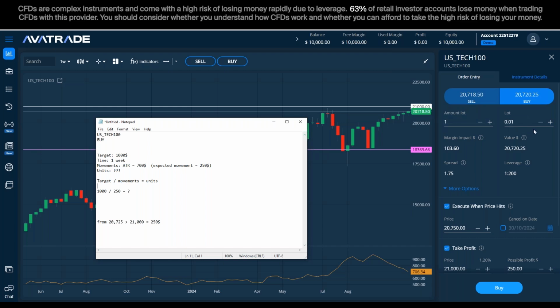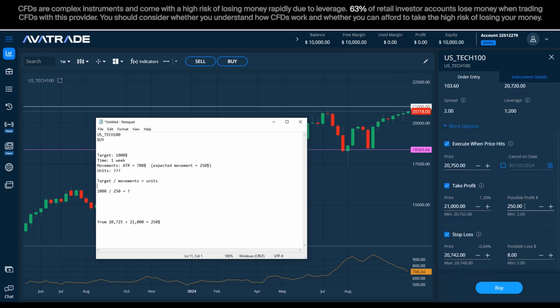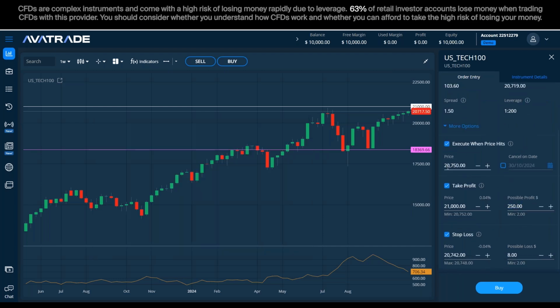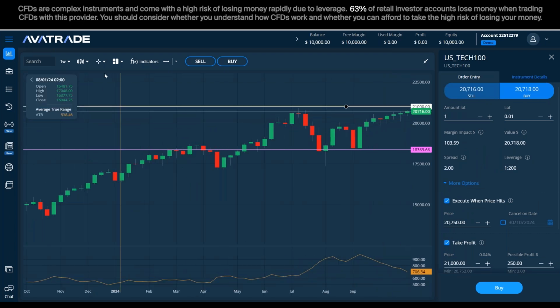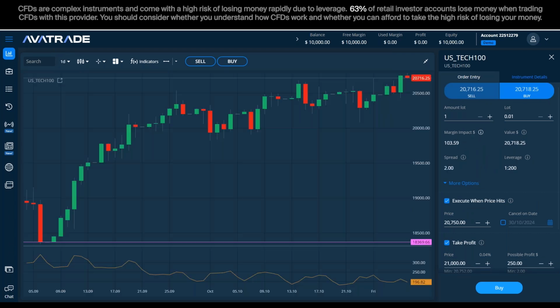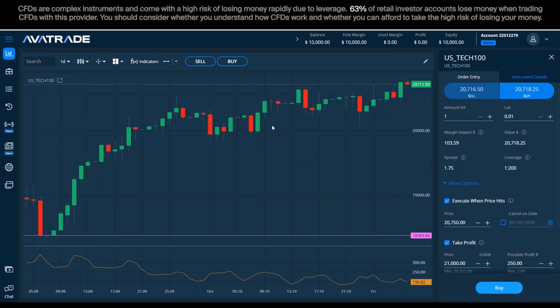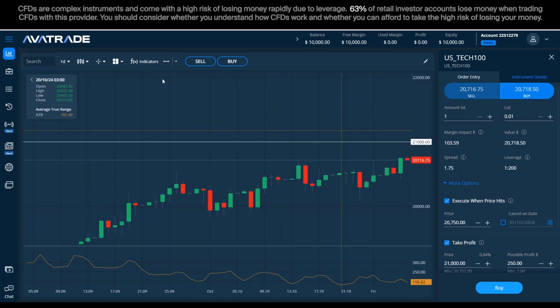Freddie, the reason that I chose 250 is because we are now looking at an entry at 20,750, which is an optimized price compared to the current price we have now. If I expand the chart a little bigger, this is where we are at right now, and I feel a little unsure to buy it now.